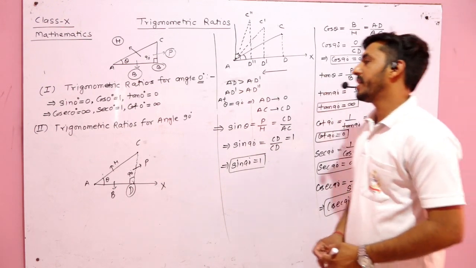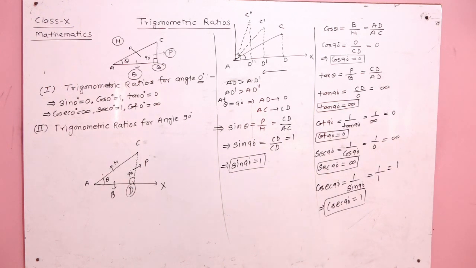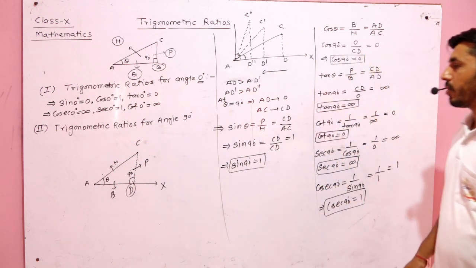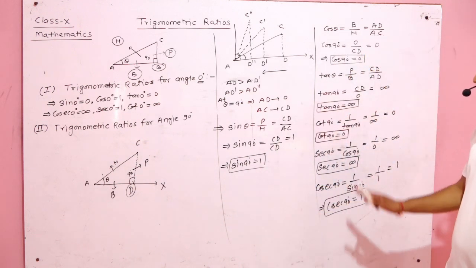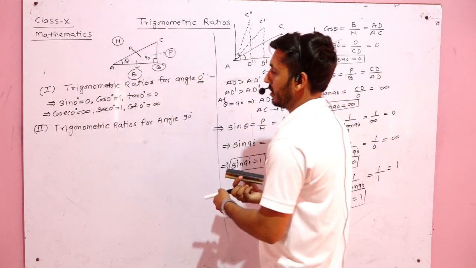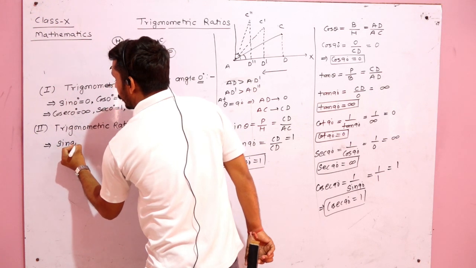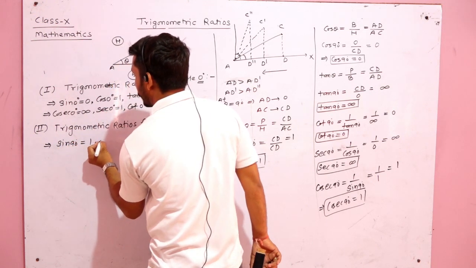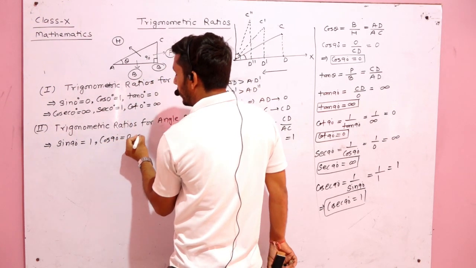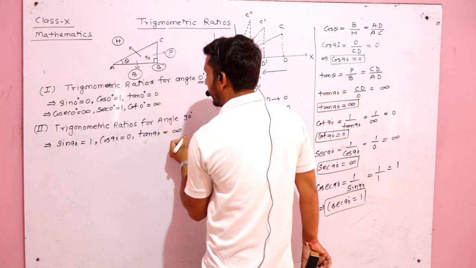All 6 trigonometric ratios are obtained for angle 90 degree. Then we can write these 6 trigonometric ratios together. First you have to note down. First one is sine 90 degree, it is equal to 1. Second one is cos 90 degree, it is equal to 0. Third one is tan 90 degree, it is equal to infinite.